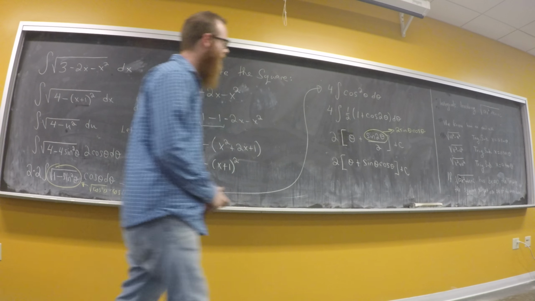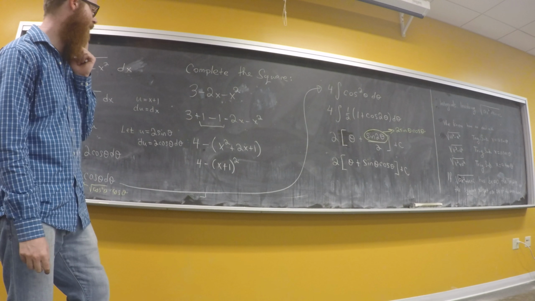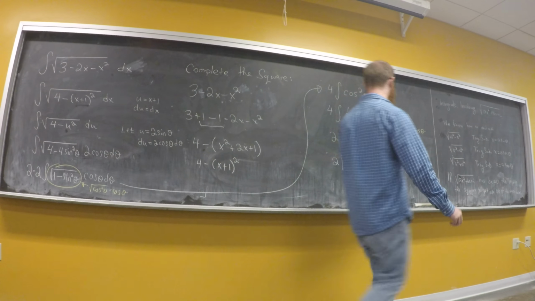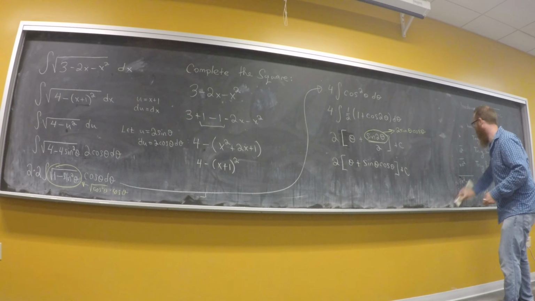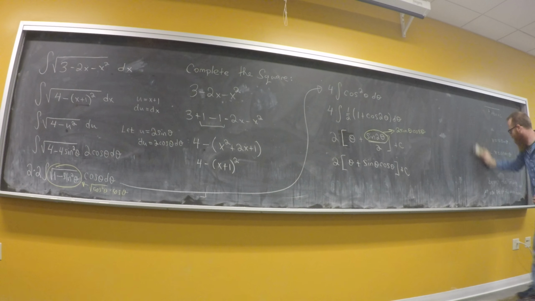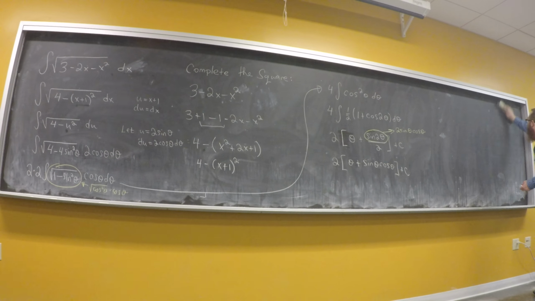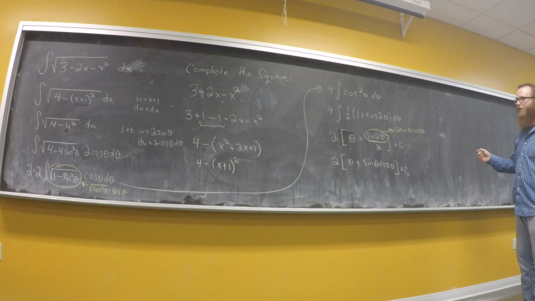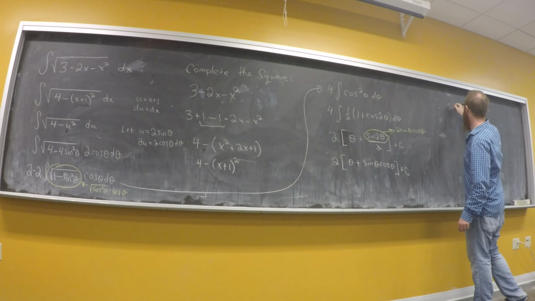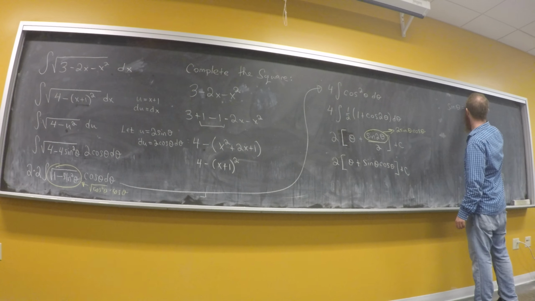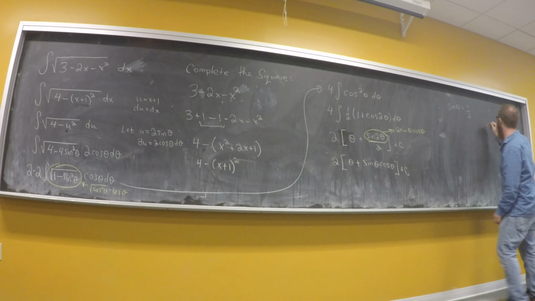Now let's draw our triangle and then get everything back to the original variable. So let's see, where did we substitute? So yeah, we did u equals 2 sine theta. So sine of theta equals u over 2.